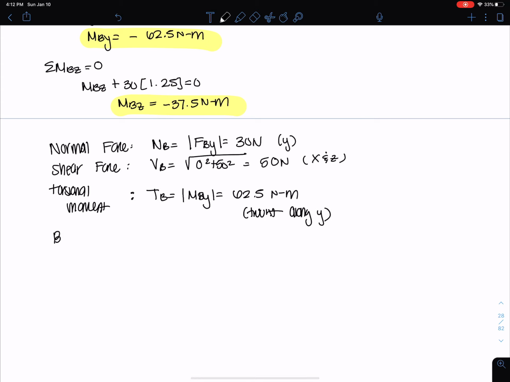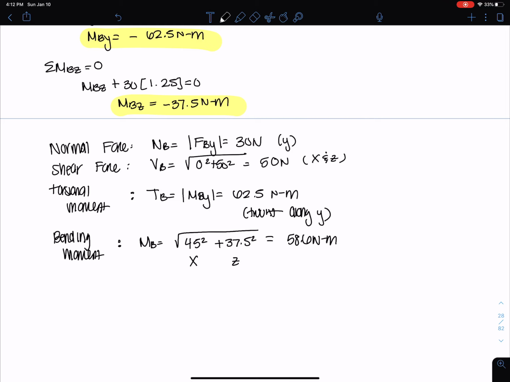And lastly, my bending moment: I have MB equals the square root of 45 squared plus 37.5 squared. This is my x and my z, and I get 58.6 Newton meters.